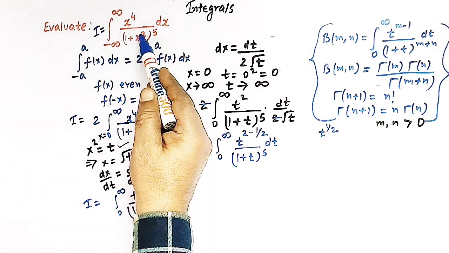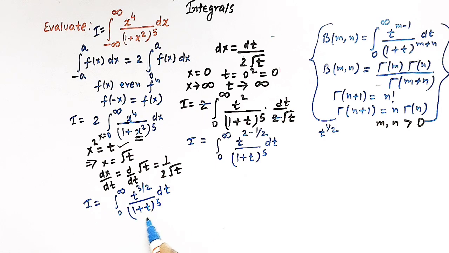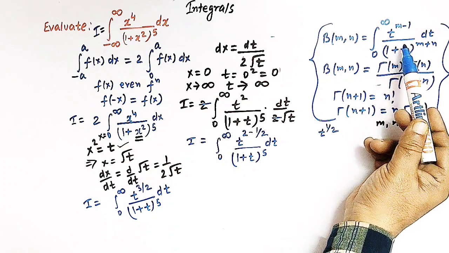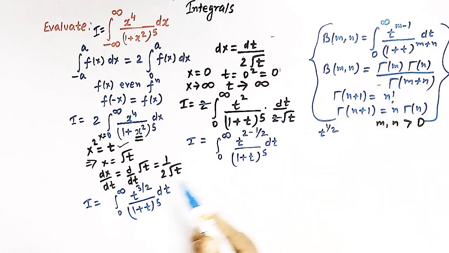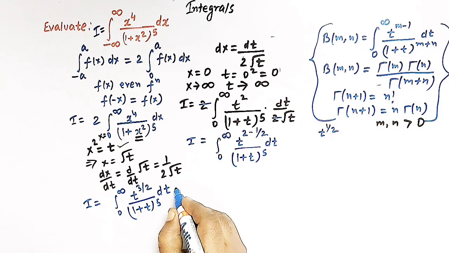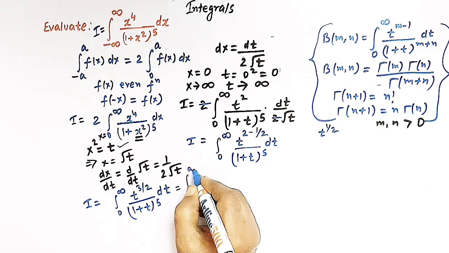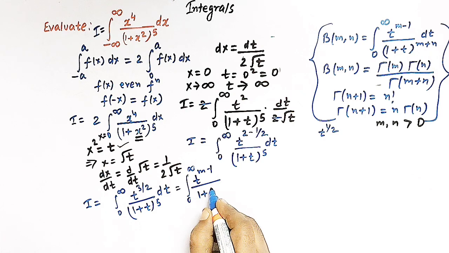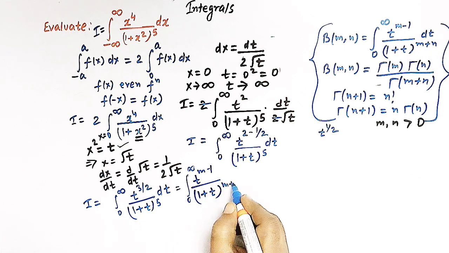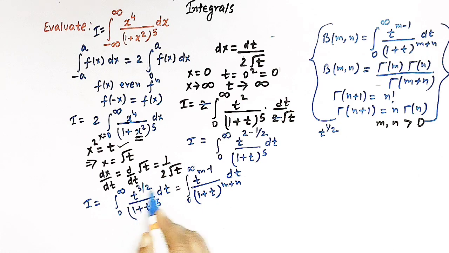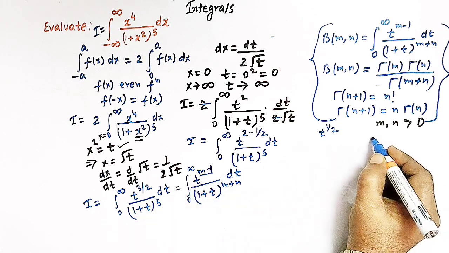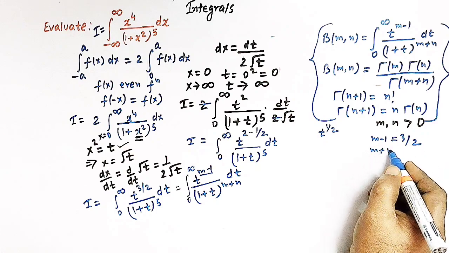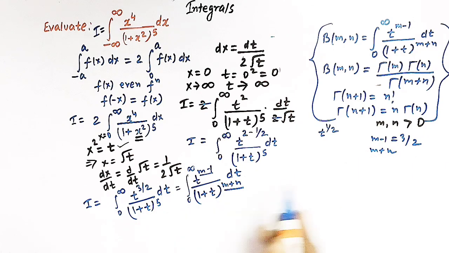So now this integral is transformed into this one, and now this integral looks similar to this one, right? So if we compare this integral with this one, that is 0 to infinity, t raised to m minus 1 over 1 plus t raised to m plus n dt, then m minus 1 is equal to 3 by 2, and m plus n is equal to 5, right?